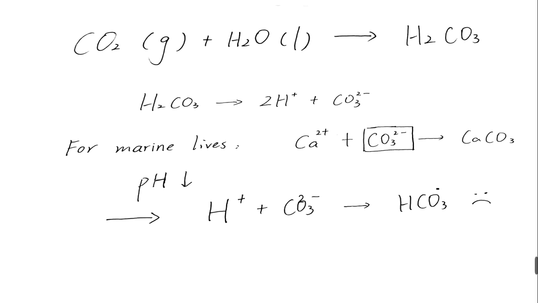So they will have less material to protect themselves. Also, as the pH goes down, the acidic environment will erode the skeletons and shells of marine life, which may influence their normal lives.